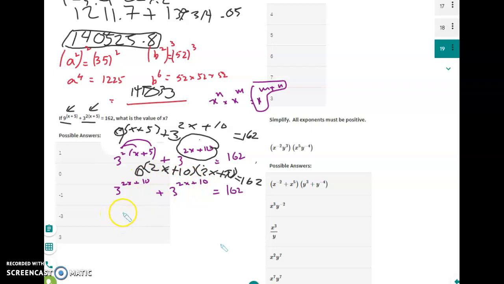So obviously I can do either 2 of 3 to the 2x plus 10, which is 162, or maybe I can divide this by 2, then I can get 3 to the 2x plus 10. So 162 divided by 2 gives you 81. I can write it as 9 squared, or I can write it as 3 to the 4th.